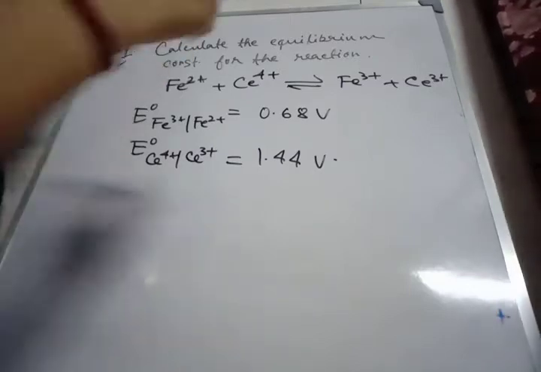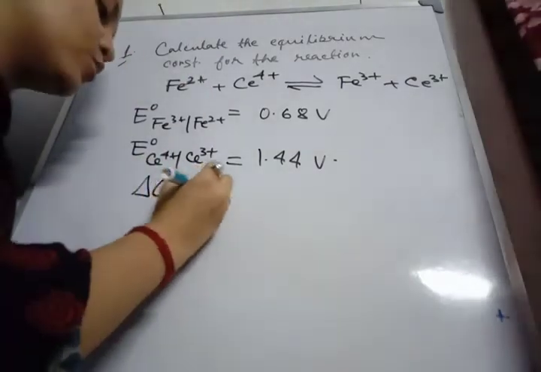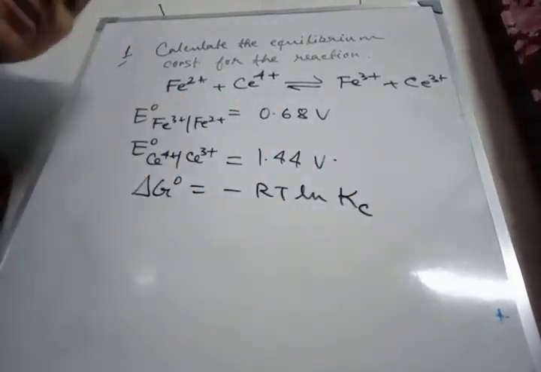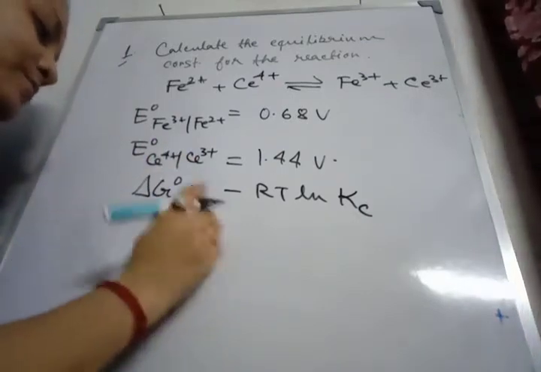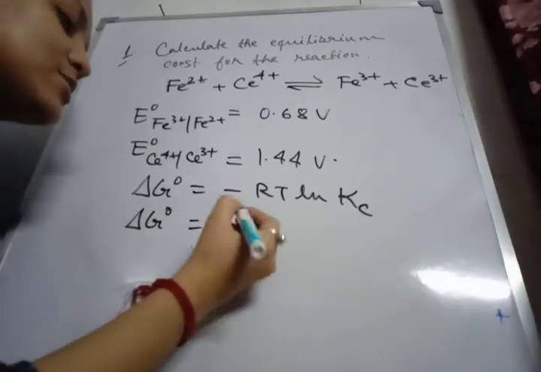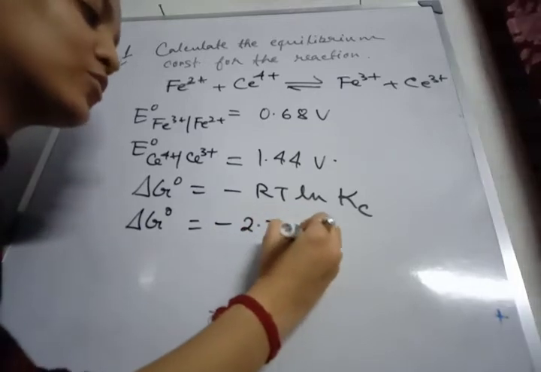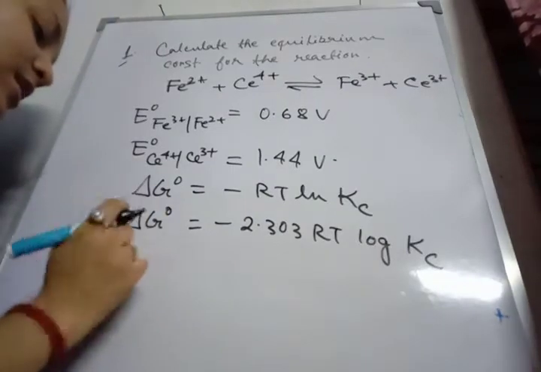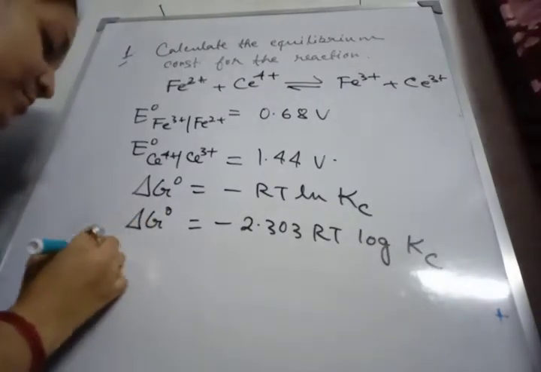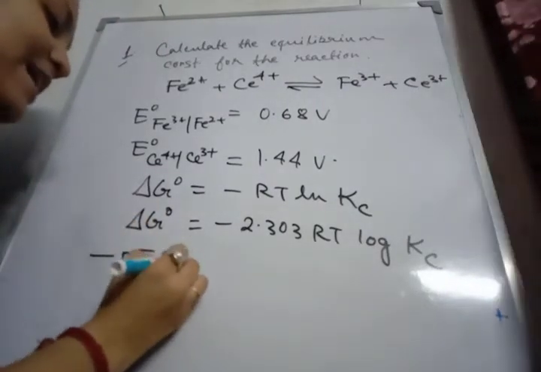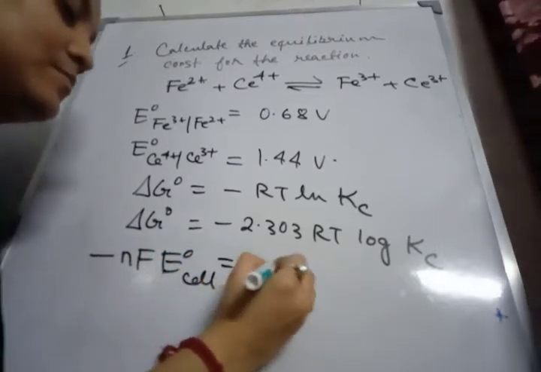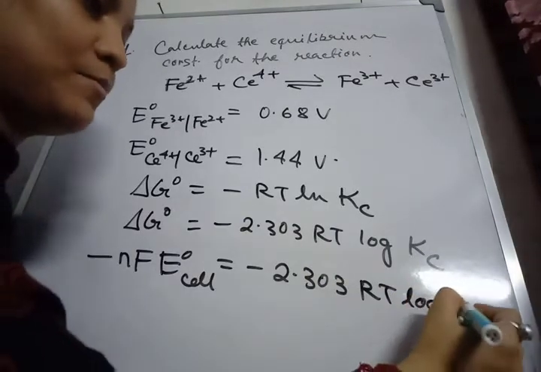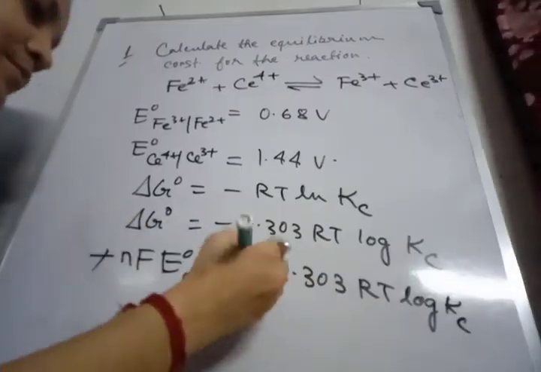Now we know the formula ΔG0 equals minus RT ln K, or I can write ΔG0 equals minus 2.303 RT log Kc, where Kc is the equilibrium constant. This standard Gibbs free energy can be written as minus nFE0 cell, so the minus gets cancelled, right?